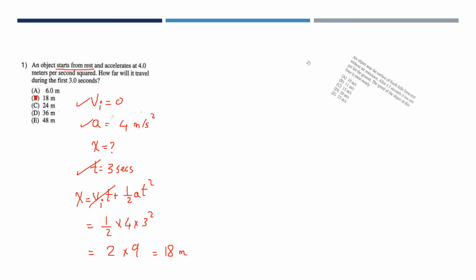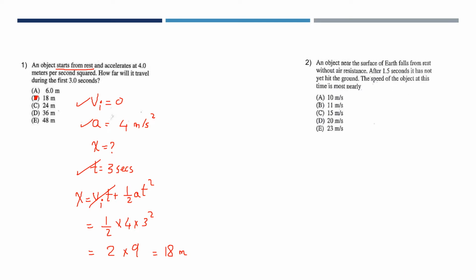Question number 2. An object near the surface of Earth falls from rest. Again, what does it mean for an object to fall from rest? It means we have an initial velocity equal to 0 meters per second, without air resistance.